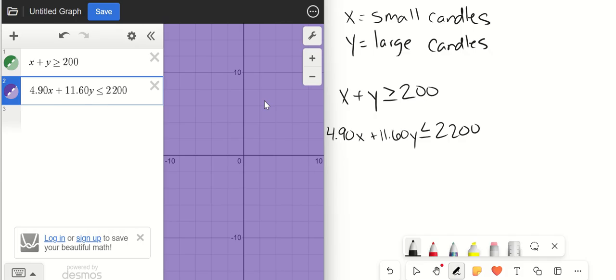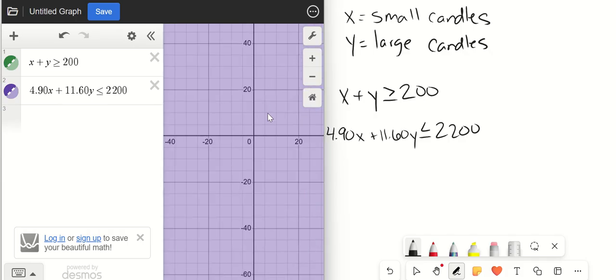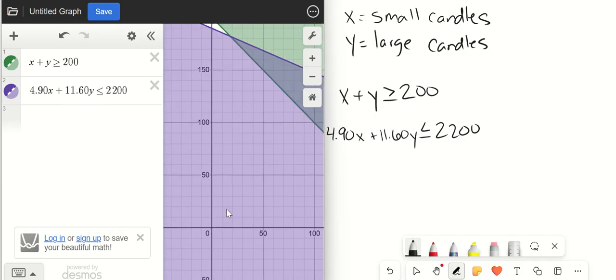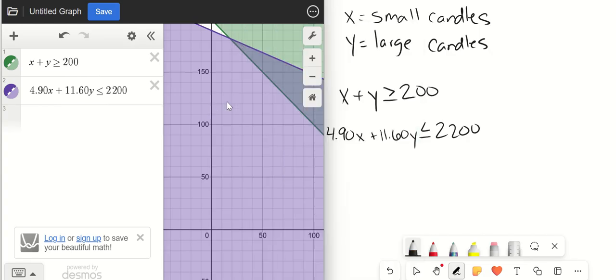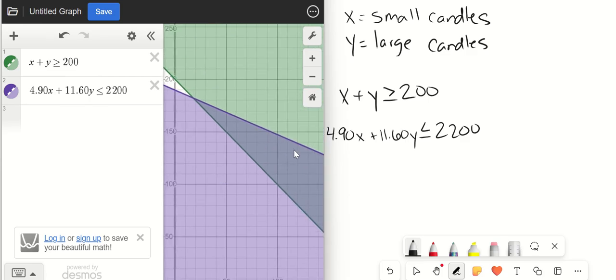And if you remember, the solutions to a system of inequalities when we graph it is this overlapping region. So wherever the graphs overlap, the shaded part, anything inside of this shaded part is a solution.